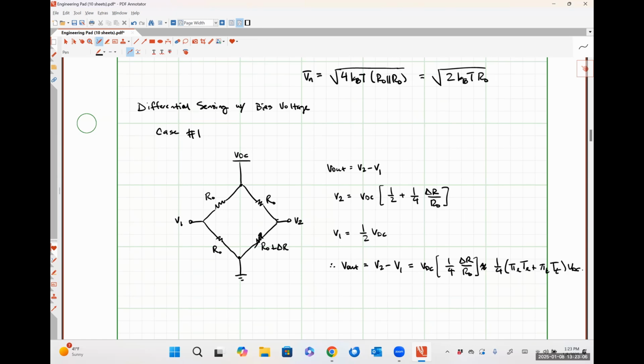Sorry, I'm running out of room over there to the right. But effectively, our output signal is only dependent on our piezo-resistive effect.